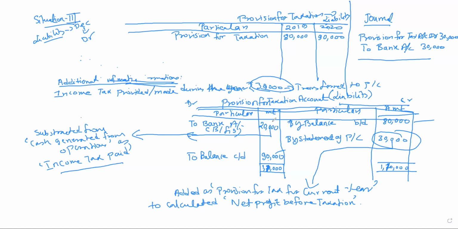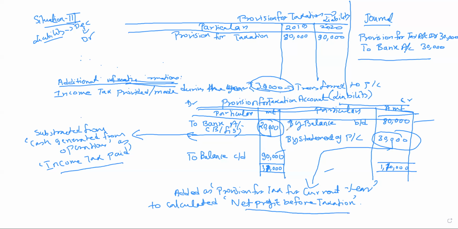तो आपका amount to be paid is how much? 20,000. This 20,000 will be transferred here, and the remaining 30,000 जो आपका to be provided जो था, this one will be transferred to profit and loss account. Amount to be transferred to profit and loss account क्या होगा? Added as provision for tax for which year? Current year, to calculate what? Net profit before tax.